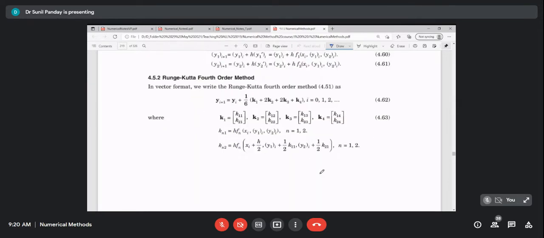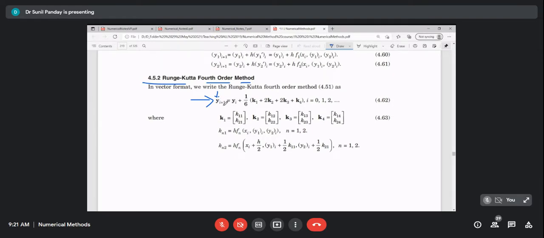And then we can use the Runge-Kutta method of fourth order to find the solution of a system of initial value problems. This method is known to us; instead of having the normal y, we have the bold y, which means it is now in matrix form.